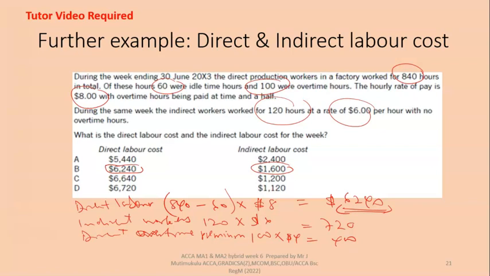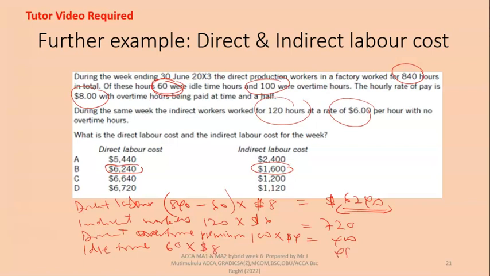Then let's now worry about the other element. The idle time, we didn't talk about that. Yes, the 60 hours here. Idle time for direct labor hours was 60 multiplied by the hourly rate of $8.